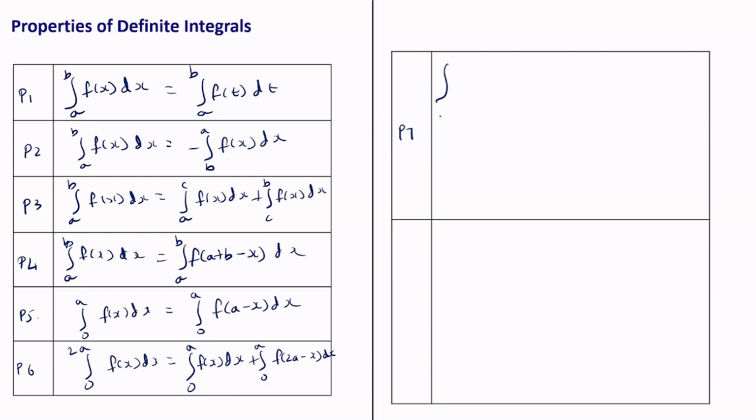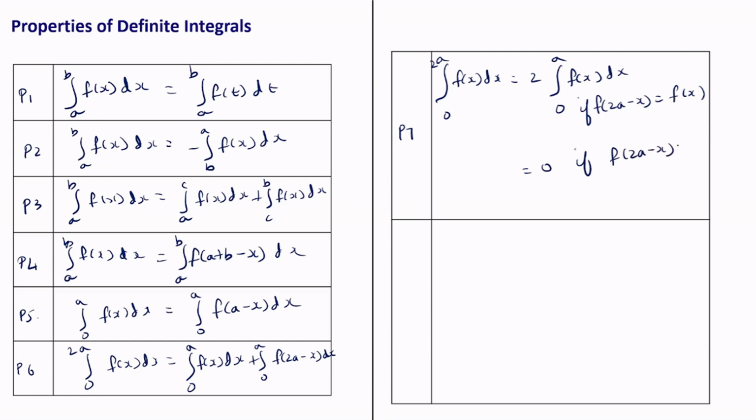So here integral 0 to 2a f of x dx is equal to 2 times integral 0 to a f of x dx if f of 2a minus x equals f of x, and it is equal to 0 if f of 2a minus x equals minus f of x.